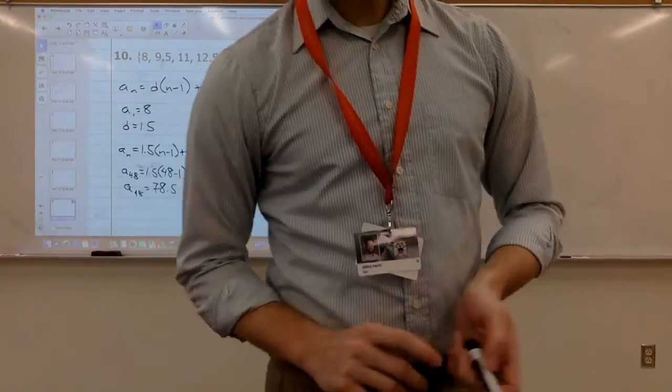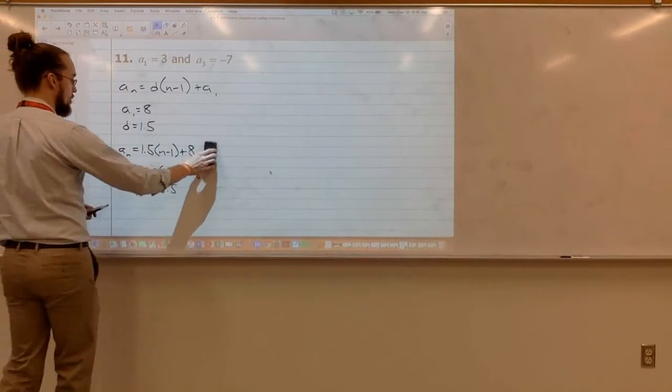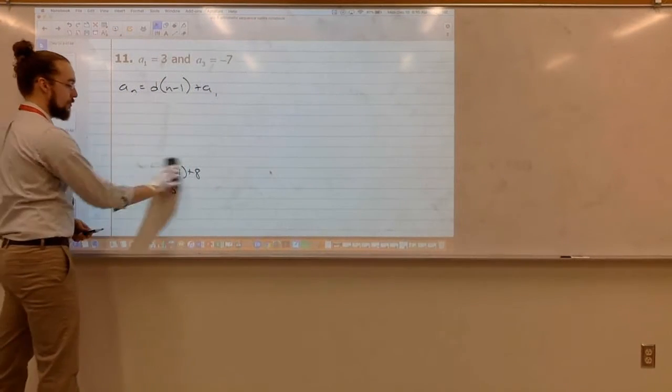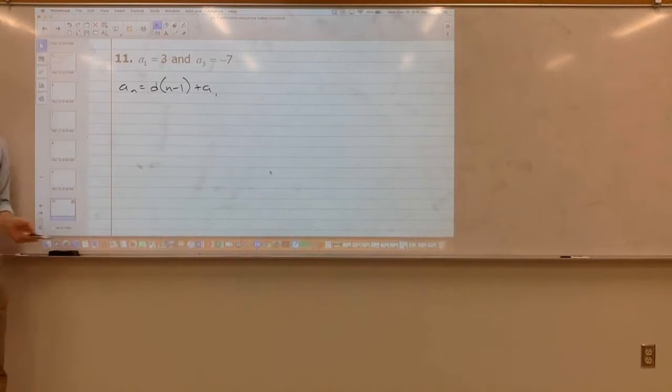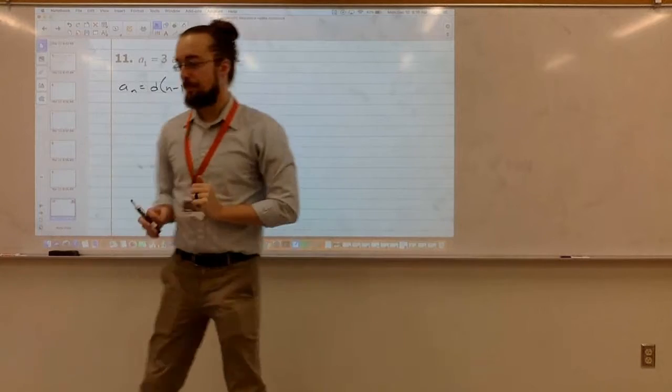Alright, then the last section on here. We're given a little bit different information. I'm given just two terms in the sequence. I'm told the first term is 3, and the third term is negative 7. I know for sure it's an arithmetic sequence, but just from this information now, I need to write my rule.